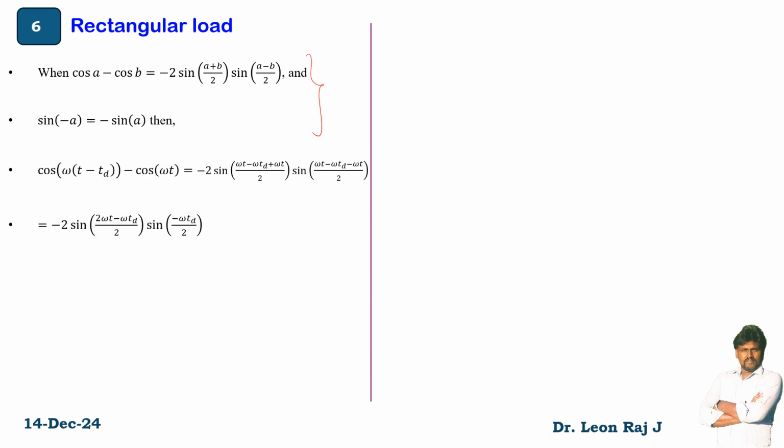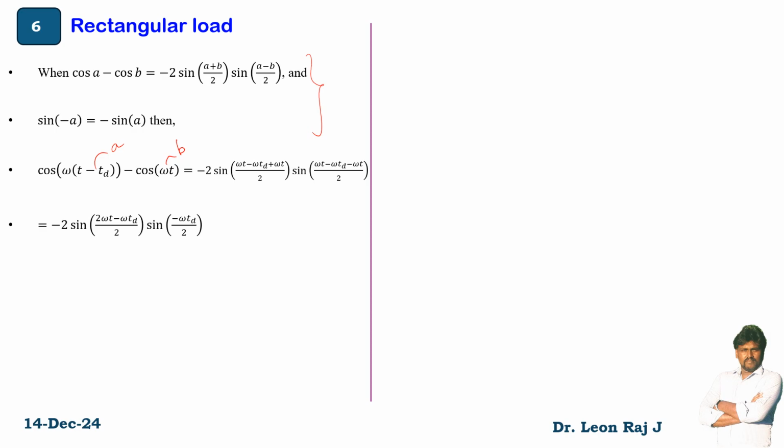So the response cos omega t minus td minus cos omega t is equal to this: this is your A term and this is your B term. So A is nothing but omega t minus omega td, B is omega t.